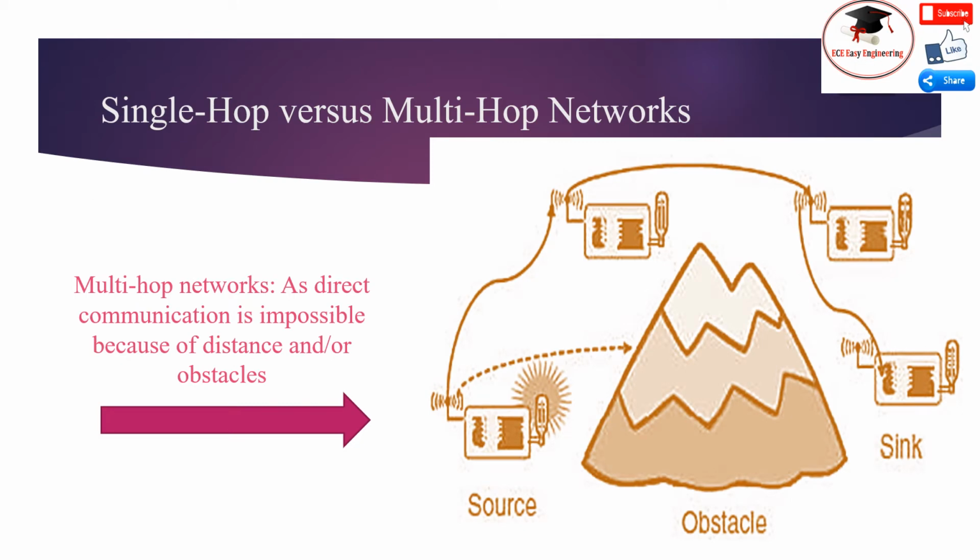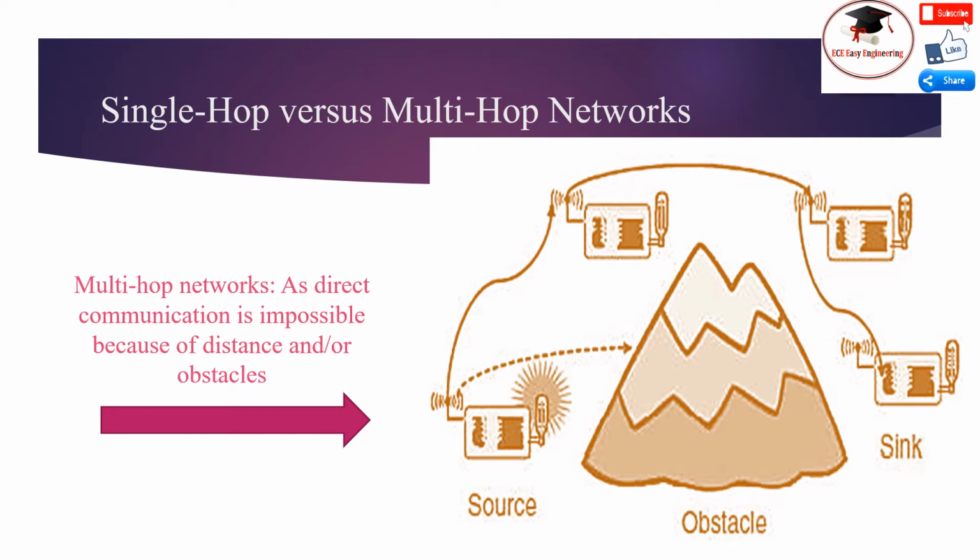Single hop versus multi-hop networks. Because of limited distance, direct communication between source and sink is not always possible. In a wireless sensor network, to cover a lot of environment, the data packets take multiple hops from source to sink. To overcome such limited distance, it is better to use relay stations.